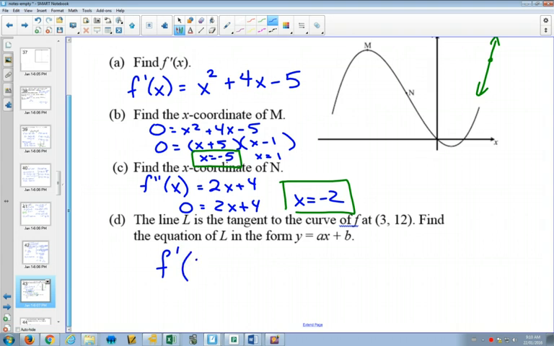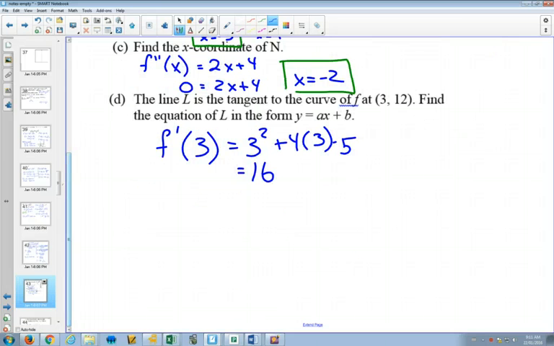So if we want to find our slope when x is 3, we can plug that in. We get 9 plus 12 minus 5. It's a big slope, 16. And then at this point, you can find your equation of line with whatever you're more comfortable with.